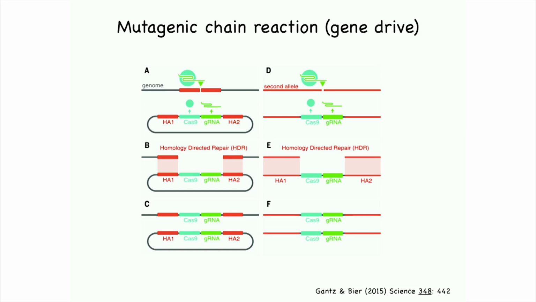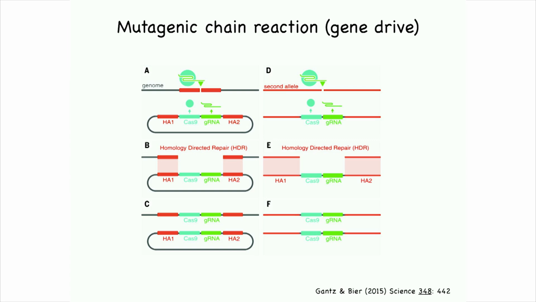So you make a guide RNA that's going to make a break in a particular locus in the genome, and you deliver it along with Cas9 to the flies by embryo injection, presumably. But then you provide a donor DNA that has homology arms to this locus flanking the break, and between them, coding sequences for Cas9 and that same guide RNA.